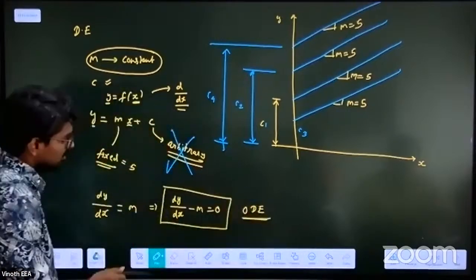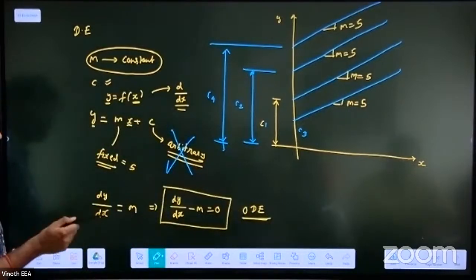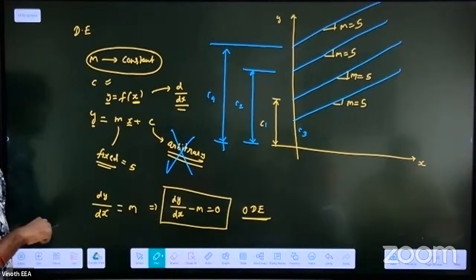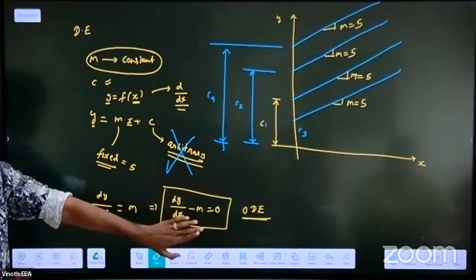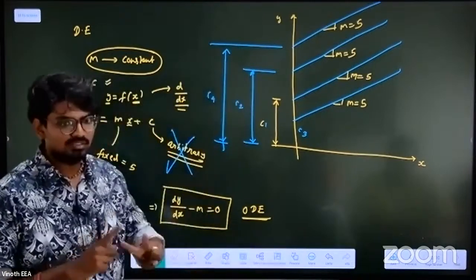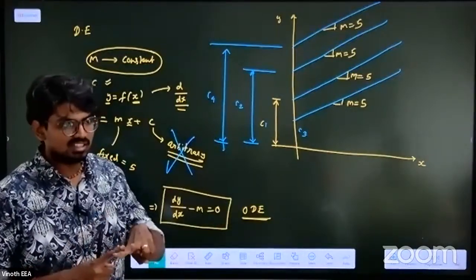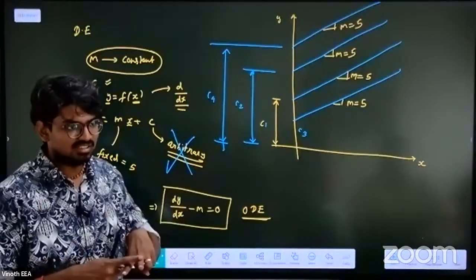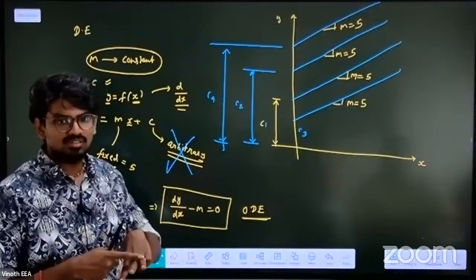That is my required ODE. Were there any arbitrary constants in my ODE? No, only the fixed constant is there. Fine. So what is the procedure? I'm going to differentiate it such that I remove the arbitrary constants. And how many times should I differentiate?